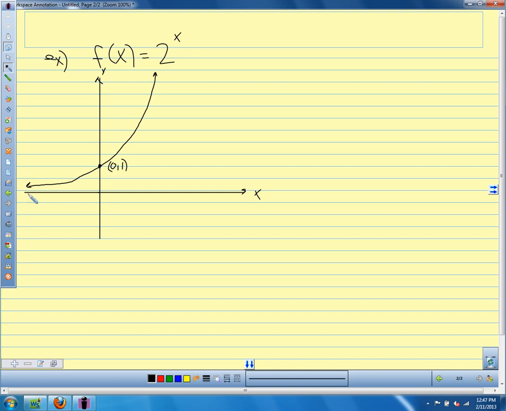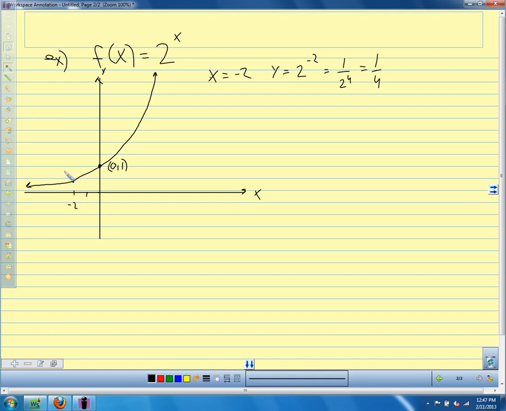And if we wanted to plot some additional points here, if I plugged in x equals negative 2, y is 2 to the negative 2, which is the same as 1 over 2 squared, or 1/4.